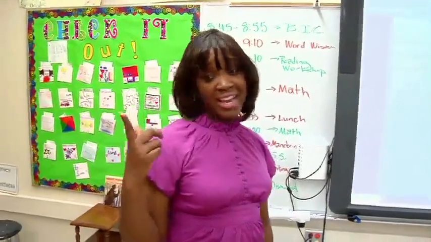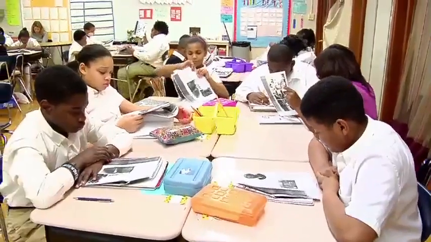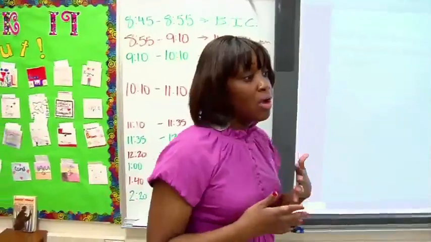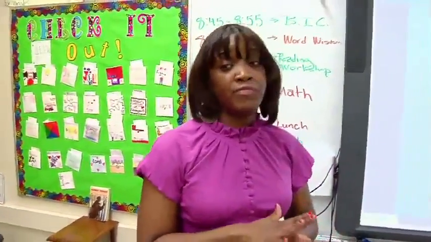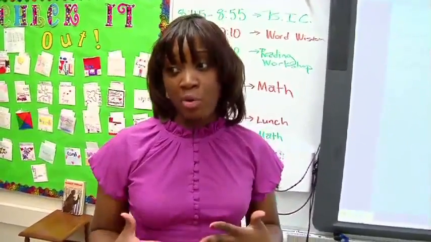For homework tonight, you need to answer this prompt. Based on the text, explain the circumstances that existed that allowed Harriet Tubman to become a leader. So we know that Harriet is very well known for her involvement with the Underground Railroad.